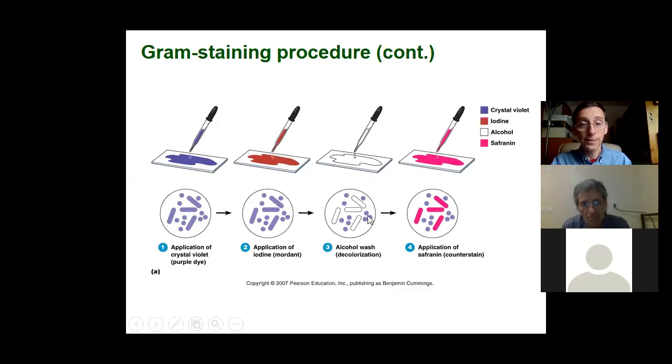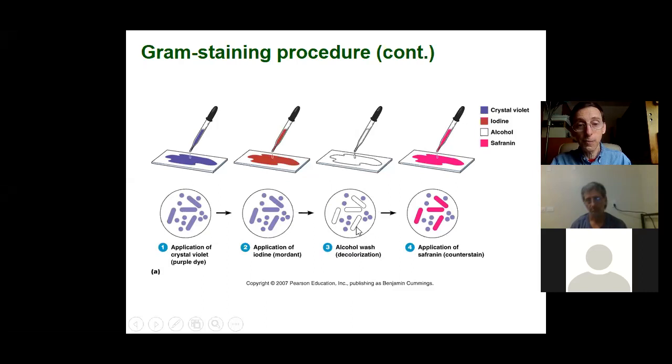And this is the differential step where the gram-negative cells, after the alcohol acetone wash, will appear clear, meaning that the decolorizing agent has pulled out the crystal violet and the iodine from the cells that are gram-negative, but it does not pull it out of the gram-positive cells. And that's why this is the differential step. The two cells look different at this step. Any question about the decolorizing step?